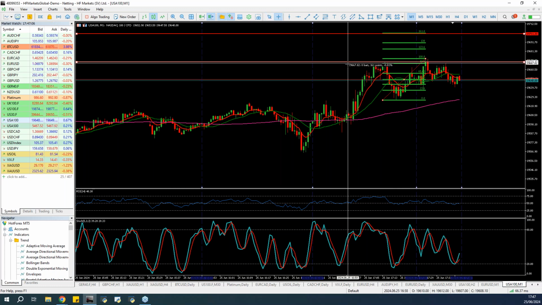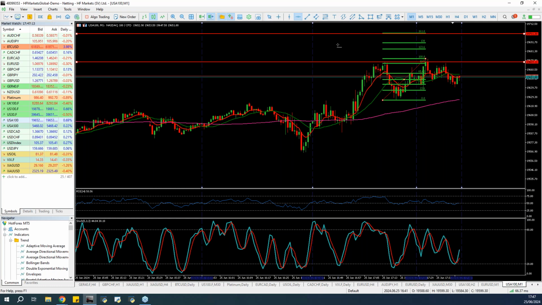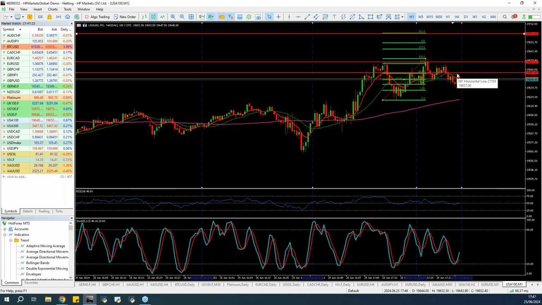So my stop loss needs to be only 6 lower. So my stop loss actually needs to be there, slightly higher than our moving average. So my stop loss will be here, not much volatility, but it's just an example. That's on a 3-to-1 ratio. So my stop loss is there, and my take profit is here.